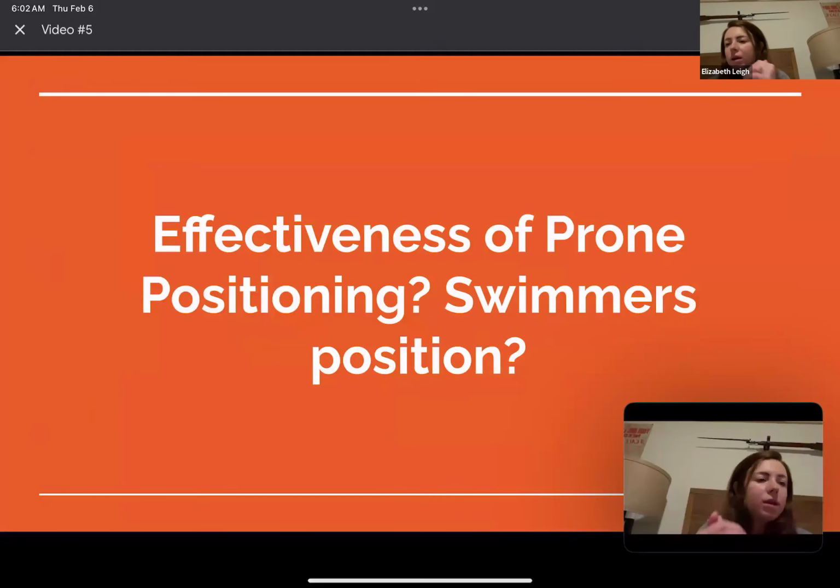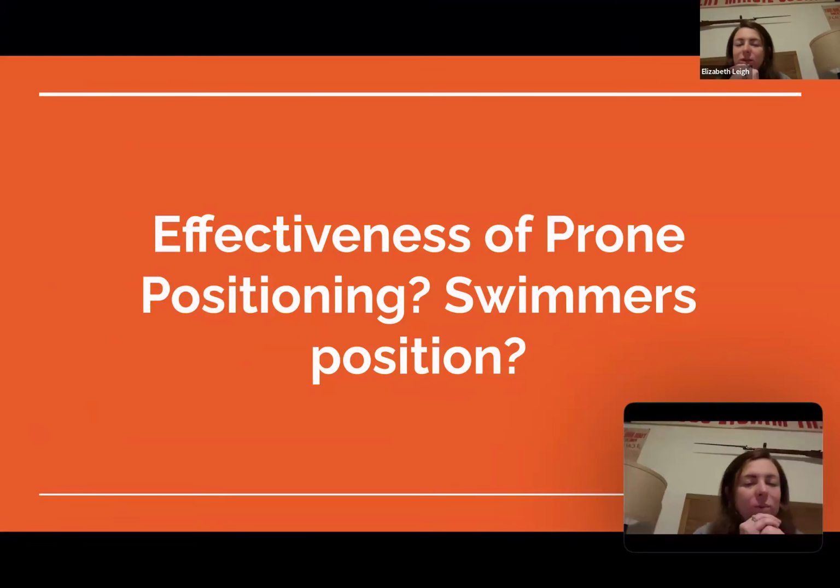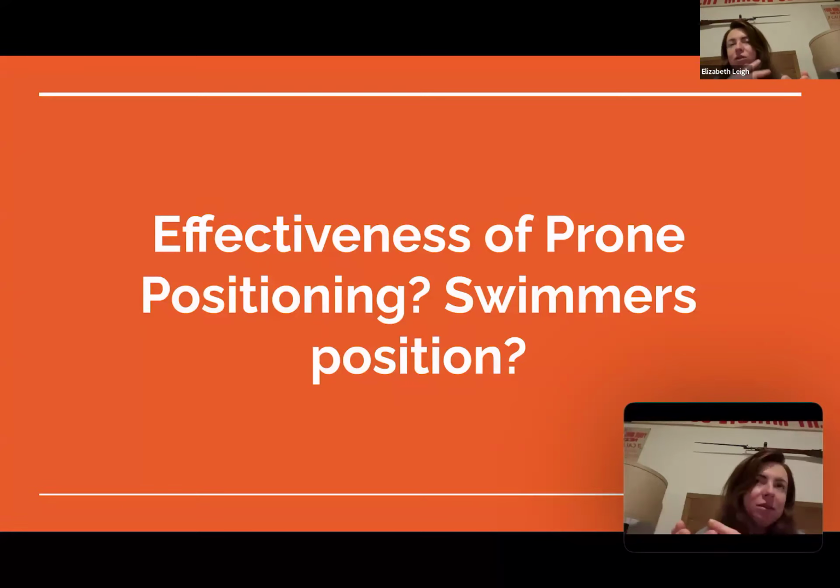Here we go. Okay, so the effectiveness of prone position and swimmer's position. Like we just mentioned, prone position can really help with increasing perfusion throughout the body and allowing proper ventilation and oxygenation, despite whatever issue is going on at the time.